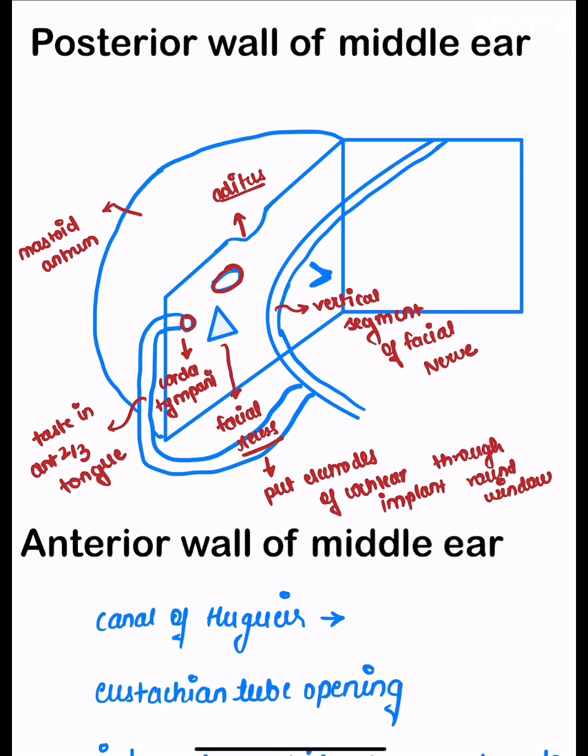This here is known as the fossa incudis, which is the depression formed by the short process of the incus.